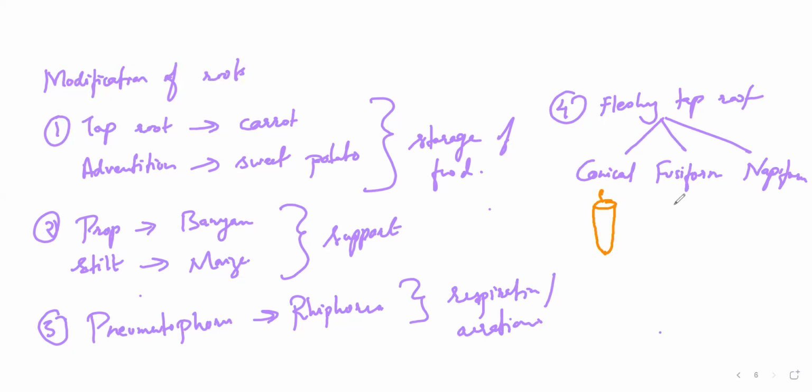The example we can give is the radish. And the last one is the napiform, which is nothing but beetroot. So this is how the forms look: carrot is conical, fusiform for the radish, and napiform for the beetroot. Again, all of these have been used for the storage purpose only. So this is all about the root regions and its modifications.